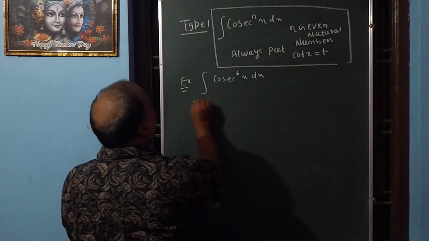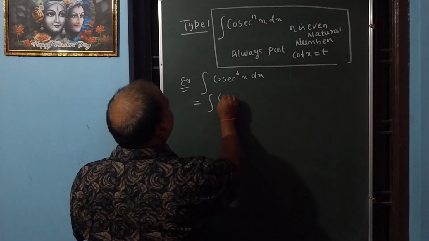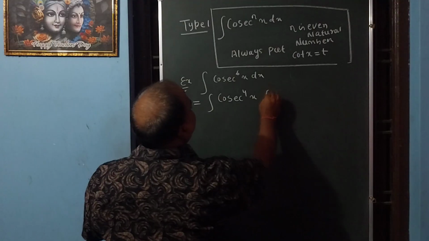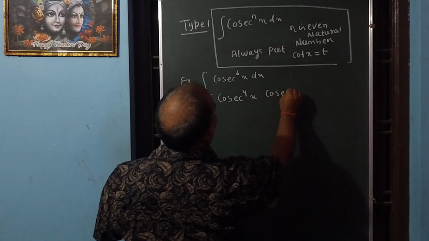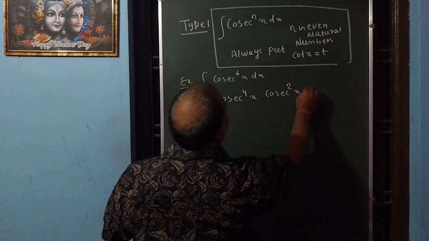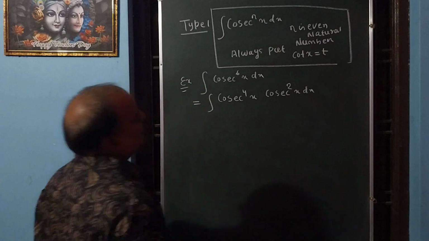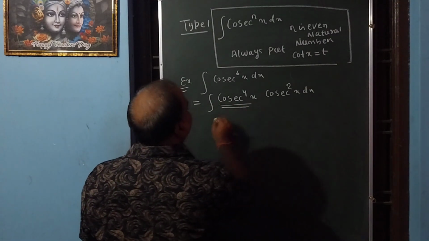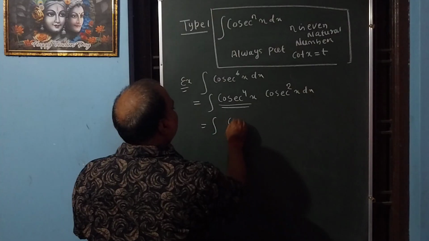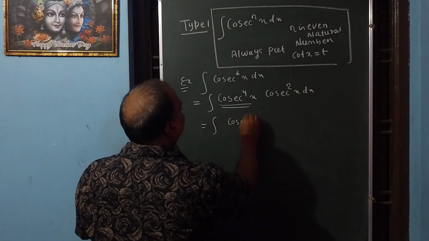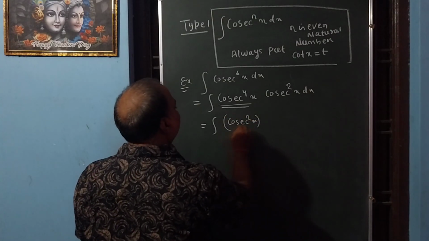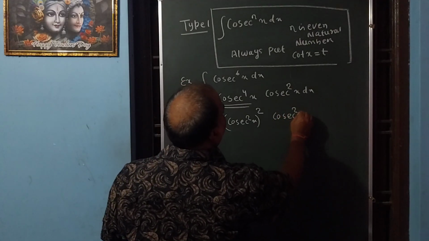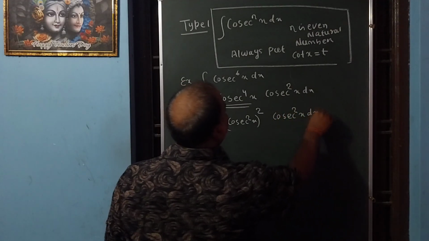So we write cosec to the power 4 x into cosec square x dx. Now we divide this as (cosec square x) whole square into cosec square x dx.